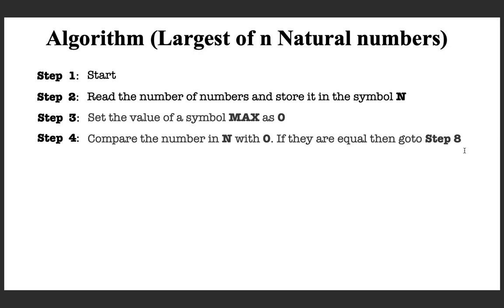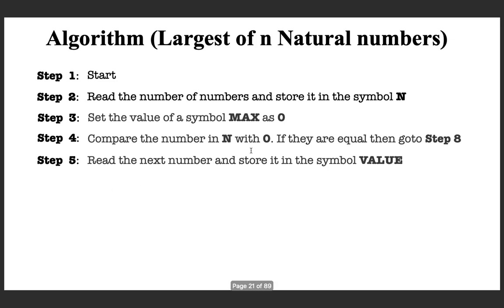So you can go to a later step where you can print the maximum value. If you finish reading the numbers, you will jump to statement 8. Otherwise, there are more numbers to be read. You read the next number and store it in the symbol value. This is what we discussed.